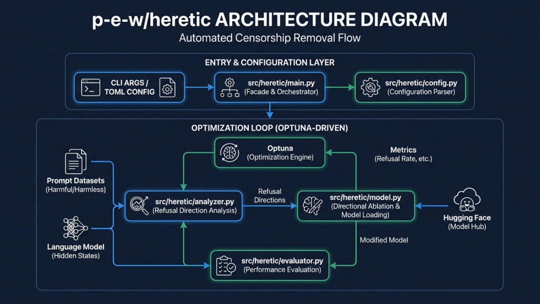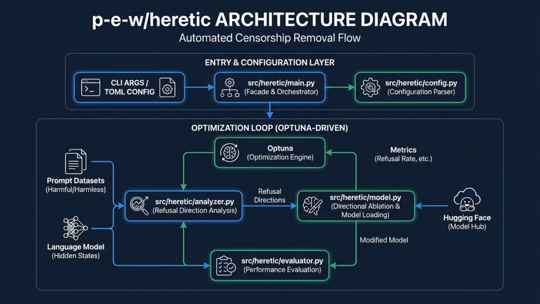First, it introduces a floating point direction index. Instead of choosing one discrete refusal direction from a specific layer, Heretic can linearly interpolate between directions from adjacent layers. This creates a continuous space of possible intervention vectors, massively expanding the search space and often finding better directions than any single layer provides.